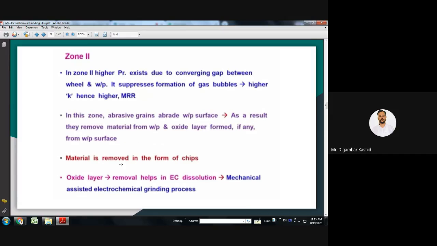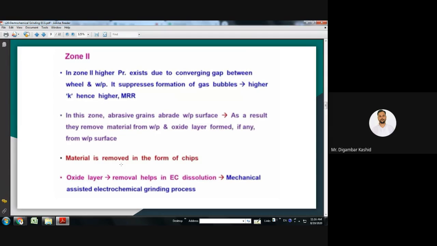Now in zone number 2, the abrasive grain will abrade or remove the workpiece surface.